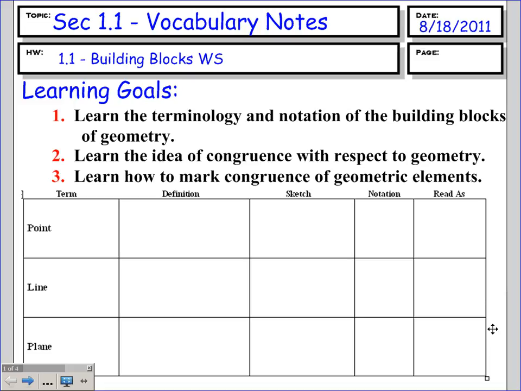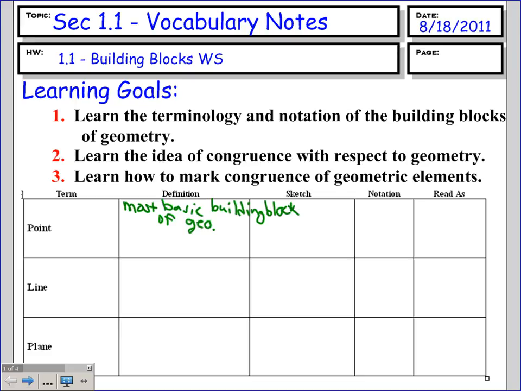So, a point. This is the most basic building block of geometry. I will abbreviate things, and I'm sorry if you can't read in the back. I'll usually repeat it. Most basic building block of geometry.